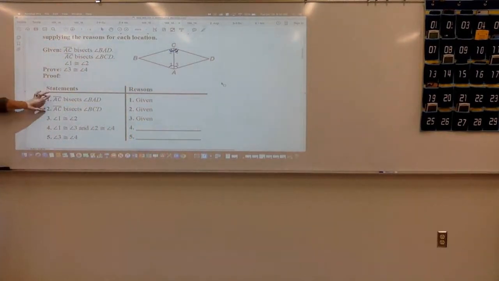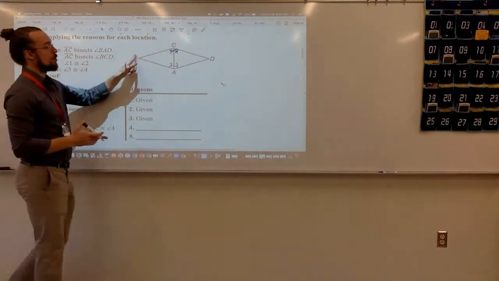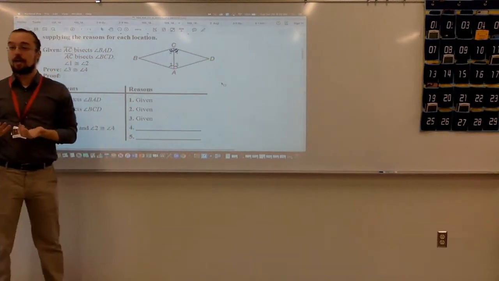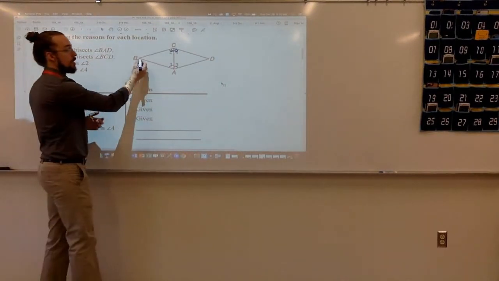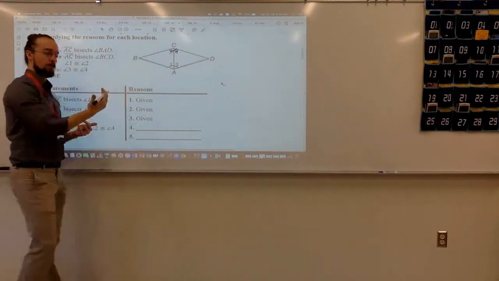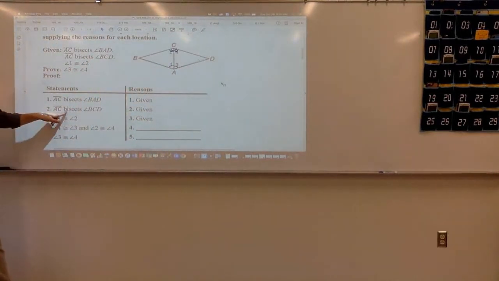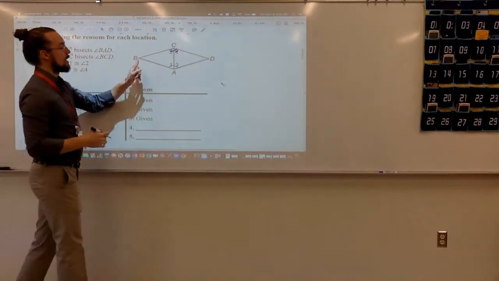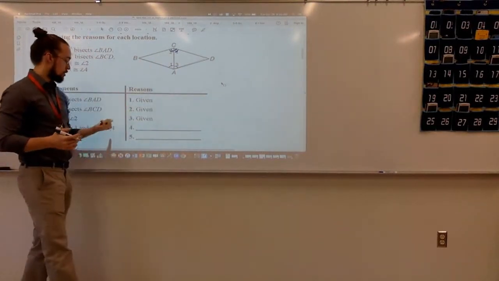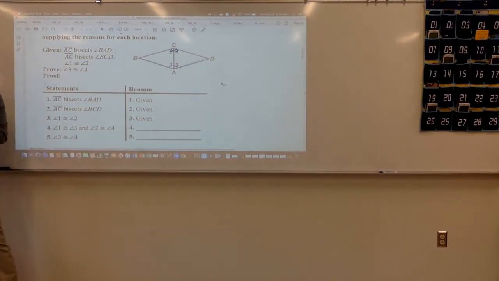So if I look back at what I'm given, okay, line 1 says AC bisects angle BAD. So bisect means to cut exactly in half, okay? Meaning that the two halves will be congruent. Same thing for line 2. We're told AC bisects angle BCD, meaning the two smaller angles that are created would be congruent.